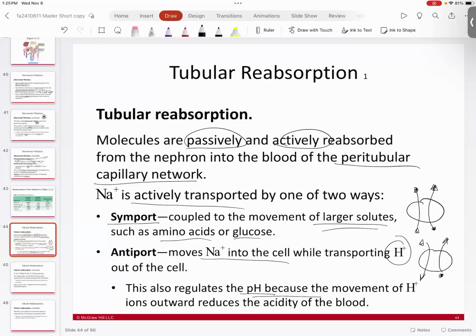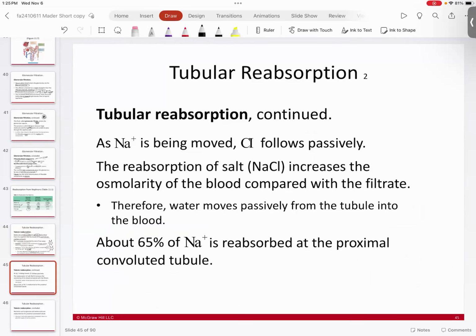That's antiport. So you bring sodium in while a hydrogen ion goes out, and out means into the filtrate, which will become your urine. So you're dumping the hydrogen ion into your urine stream, and that regulates the acidity of your blood.